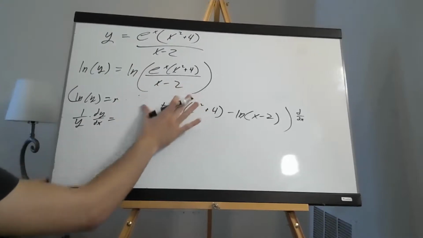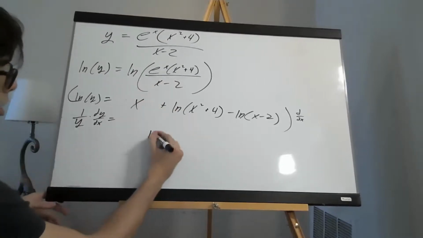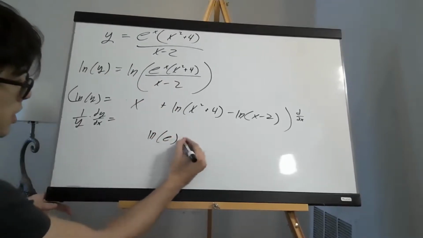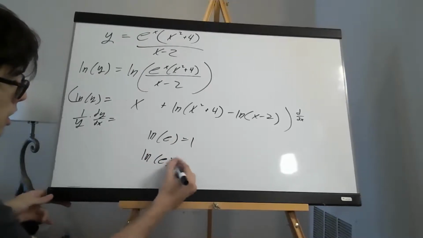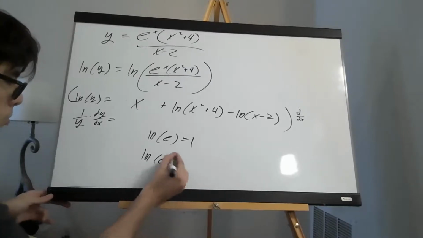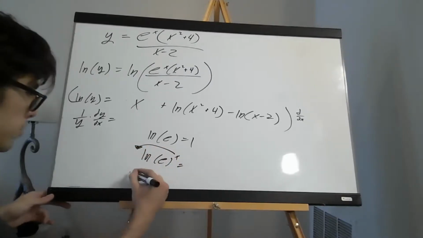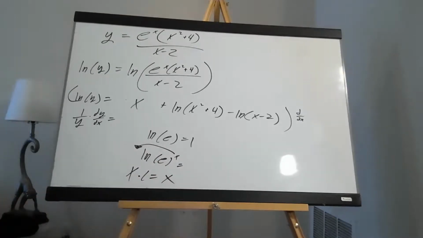So we're going to go ahead and rewrite that. That's just a log property right there. Natural log of e equals 1. So natural log of e to x equals, and remember, this is a logarithmic property, x times 1 equals x.